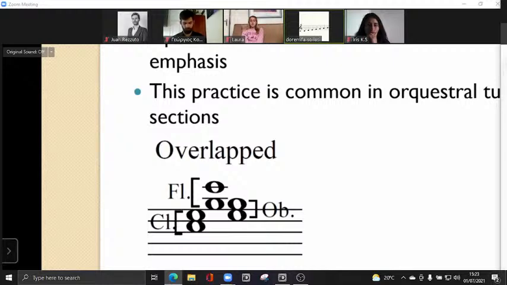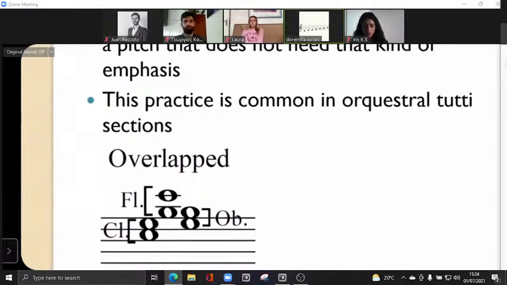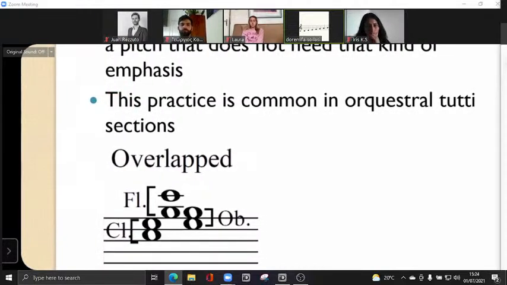The important thing to notice here about the overlapping is that the different instruments are doubling the notes. As it says here, this practice is common in orchestral tutti, because in an orchestral tutti we find loud dynamics, and we are looking for the effect of the whole orchestra playing with a forte dynamic.